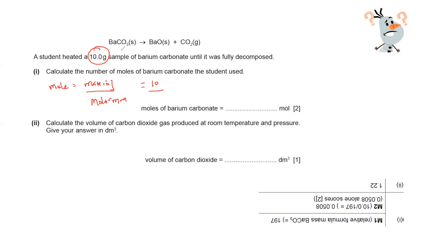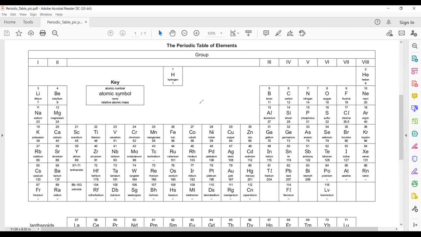So we have to find the molar mass of barium carbonate, BaCO3. You have to use a periodic table for this. When you check the periodic table, what is the mass of barium? 137.